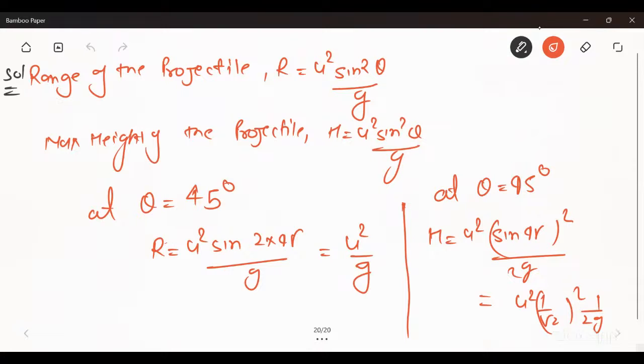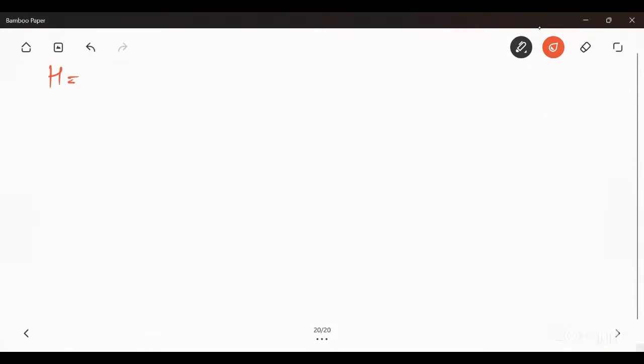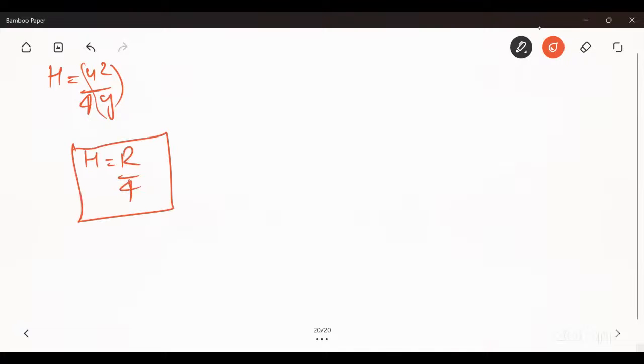So U square upon 4G. So H will become U square upon 4G. And we know that U square upon G is R. So H is equal to R by 4. Hence proved that the height is 1/4 of the horizontal range.